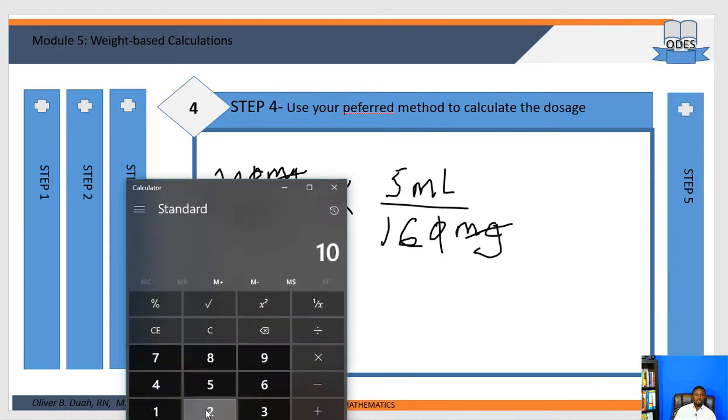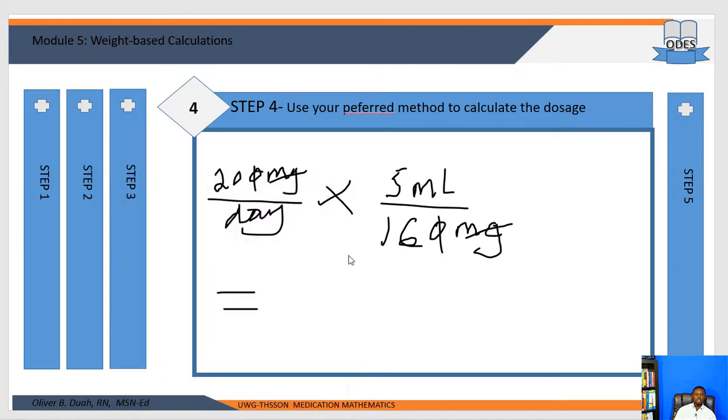So let's confirm that 20 times 5 equals 100. 100 divided by 16 is going to give us 6.25 ml per day.